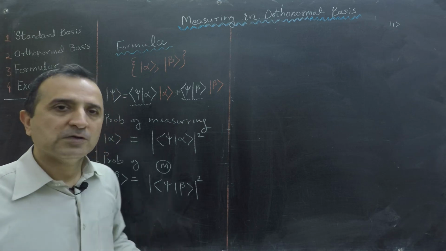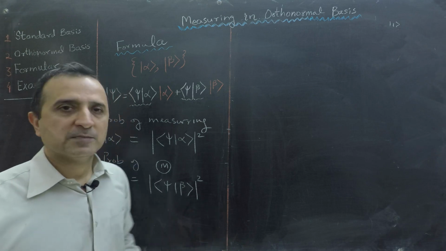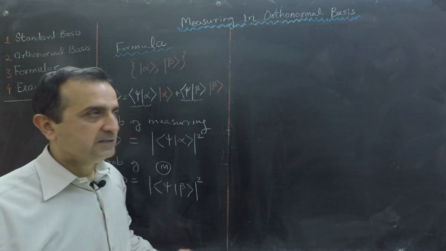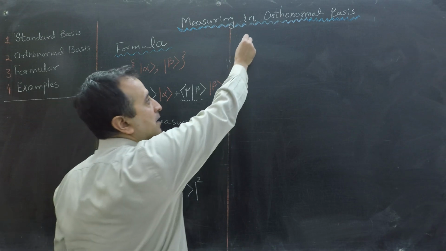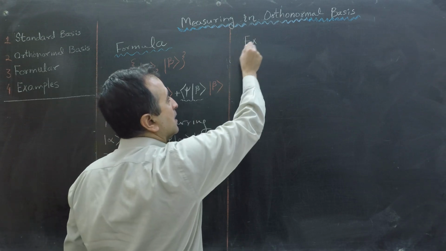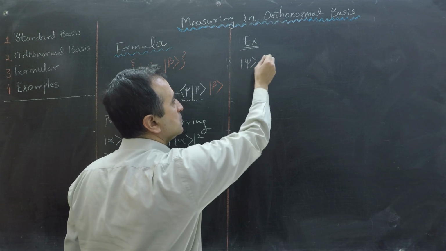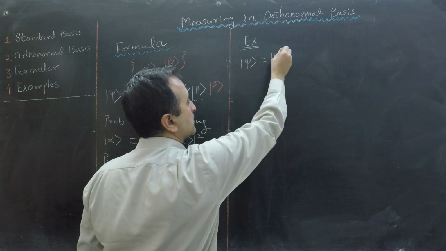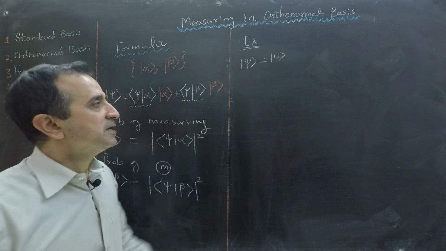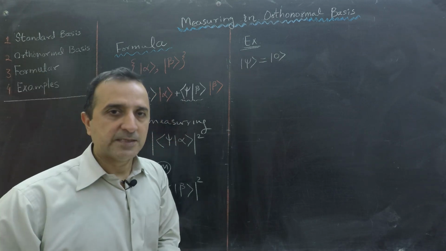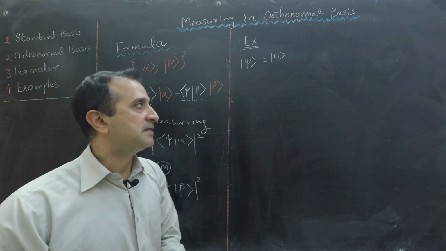So let's do some examples to make it crystal clear. In the first example, we are given a qubit ket psi which is equal to ket 0, and I have to measure this qubit in the standard basis and also in the Hadamard basis.